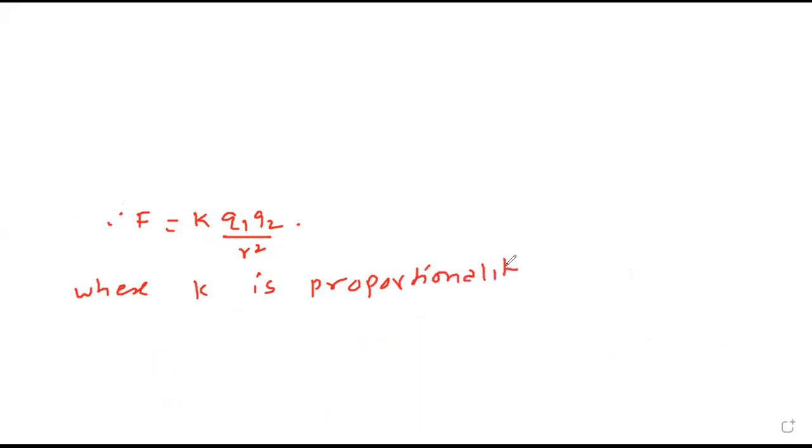Therefore, F is equal to K into Q1 Q2 upon r square, where K is the proportionality constant.